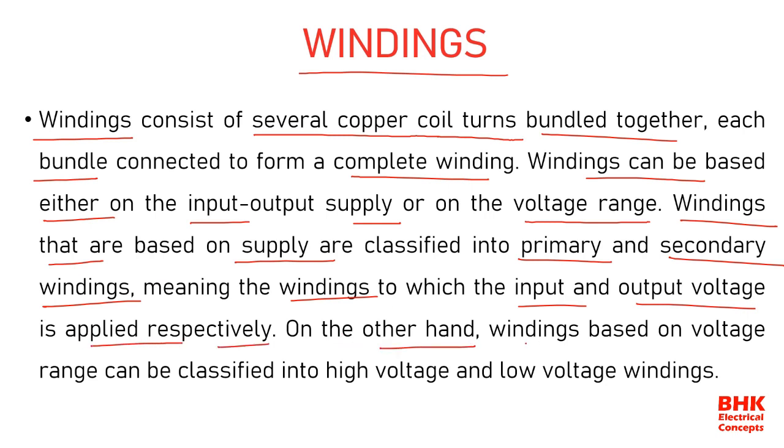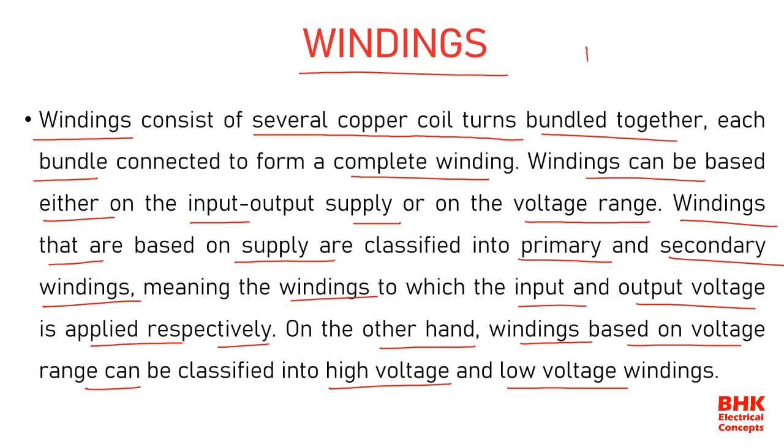On the other hand, windings based on the voltage range can be classified into high voltage and low voltage. With the help of windings only, we are stepping up and stepping down the voltage levels.